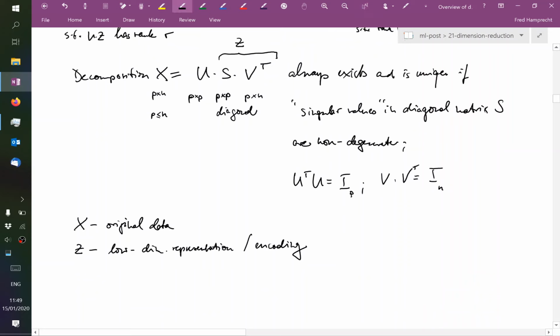And then we have this X tilde, which is our approximation to the high-dimensional data, to the original data. And I'm going to call this here the decoding of Z.